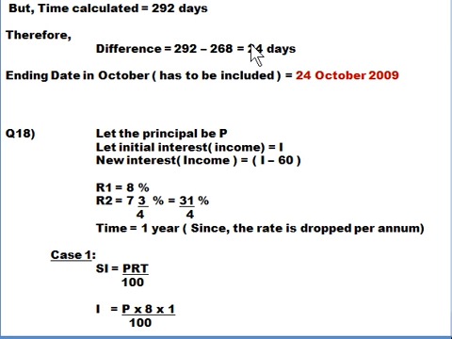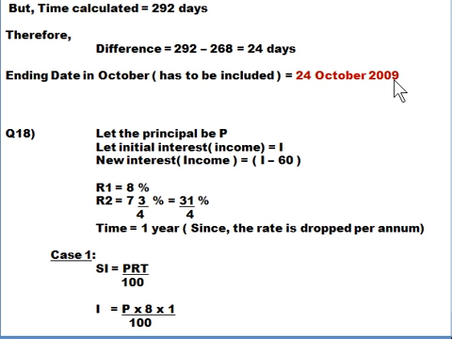Because I am going to include the ending date, the ending date will fall in the month of October. October has 31 days. So if I include 24 days in the month of October, the date obviously will be 24 October, because 268 is already covered till the month of September. 24 days are left, which will be taken from the month of October. So the date obviously will be 24 October 2009, and that becomes our final answer.